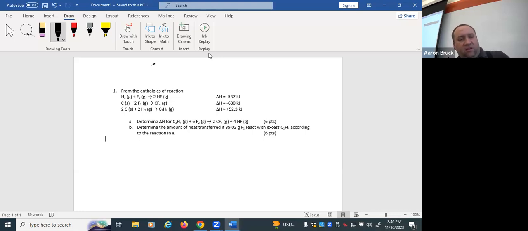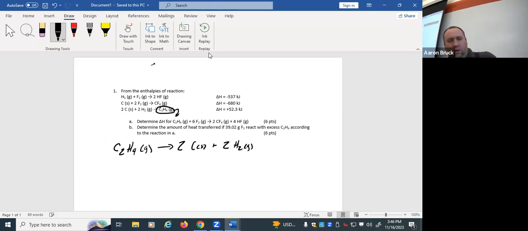So in this particular circumstance, I can look at C2H4 and say, okay, C2H4 is a reactant, but right now I've got it listed as a product. So I'm going to need to flip around this third equation to get that to match up with what I'm trying to find.